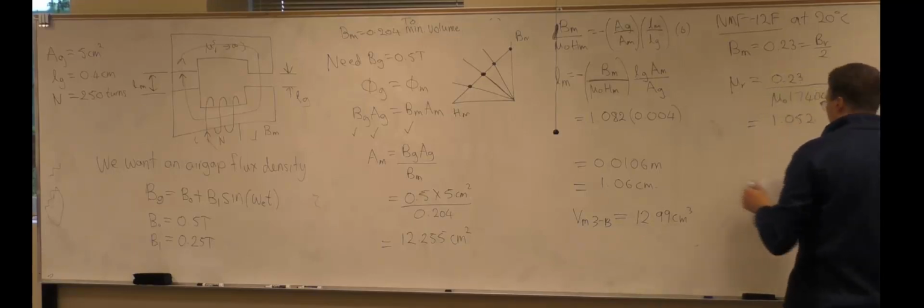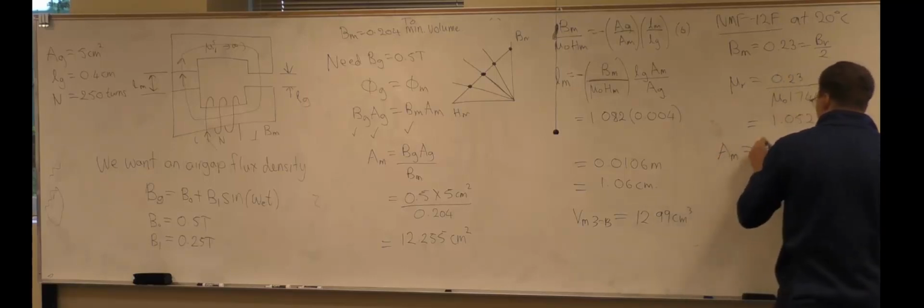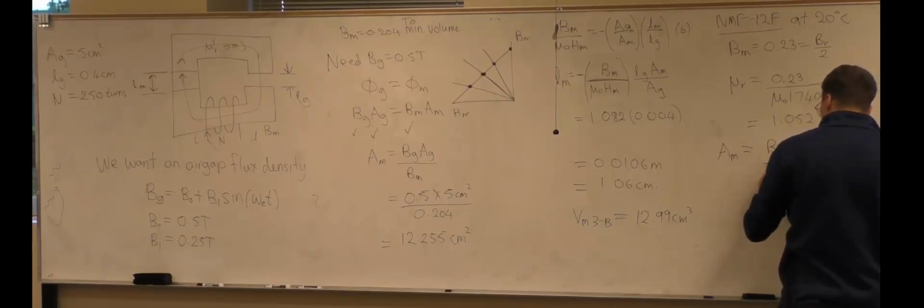Okay, and then now we can get the area. The area is Ag, which is Ag divided by Bm.